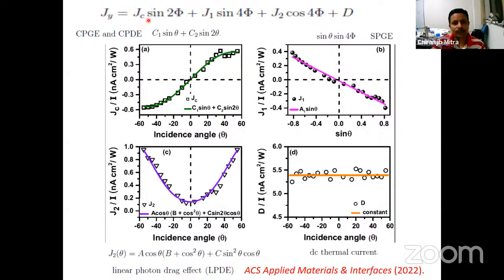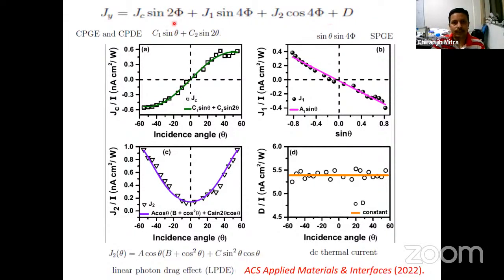So j_y equals j_c sine 2 phi, and the dependence of sine and cos, and then finally d. This d is purely the thermal factor, the dc thermal factor, which is basically creating the thermal gradient. That is because the photon causes a local heating.